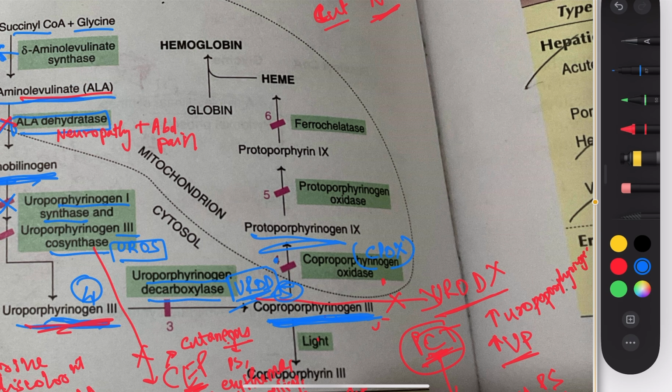So if there is a deficiency of CPOX, it then leads to hereditary coproporphyria. Now hereditary coproporphyria is associated with increase in coproporphyrinogen 3. Obviously, as here, one step before, simple, right?